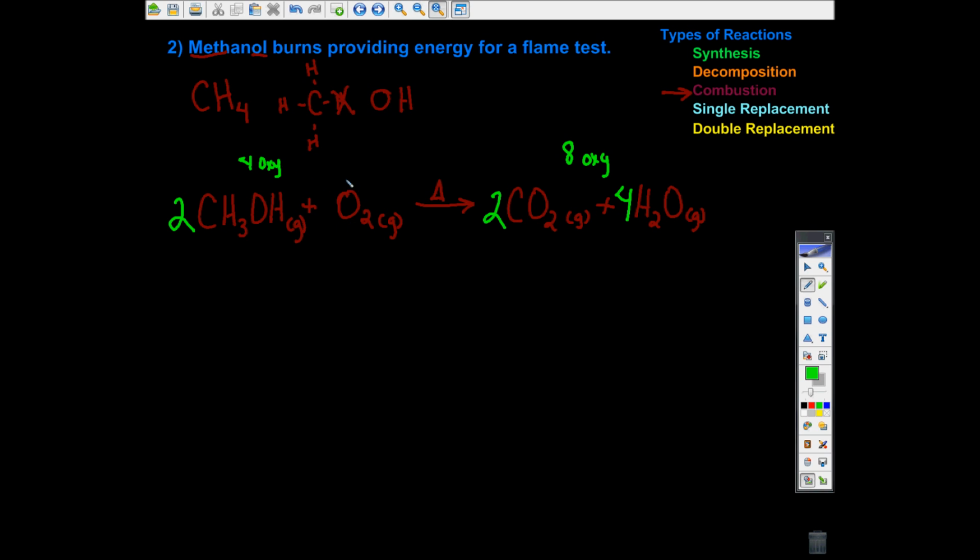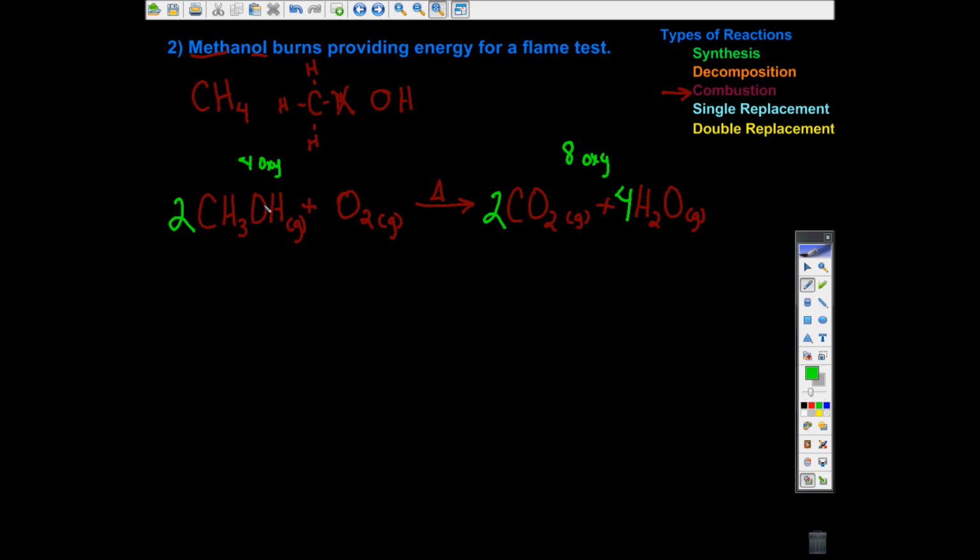So the only thing I can do is put something in front of this O2 that I can multiply it times 2 and add it to these 2 oxygen over here to make 8. So I'm going to say 8, because I want a total of 8 oxygen over here.